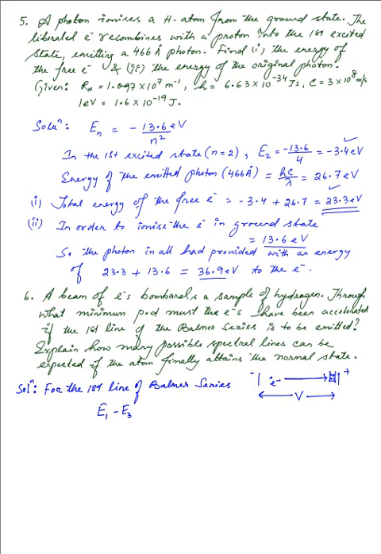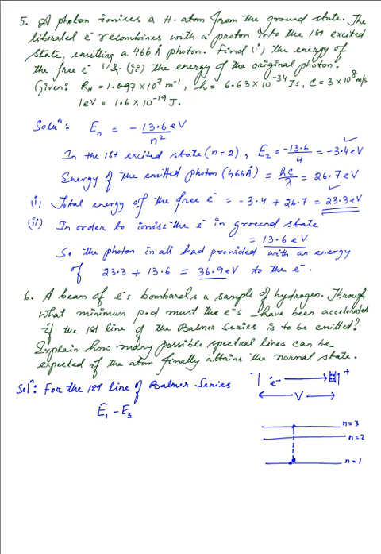So let's see the diagram over here, this energy level case. We have n is equal to 3 over here, n is equal to 2 over here, and n is equal to 1 over here. The electron that was present in that ground state has probably achieved the energy and moved over to n is equal to 3.